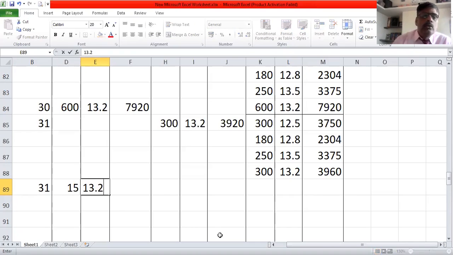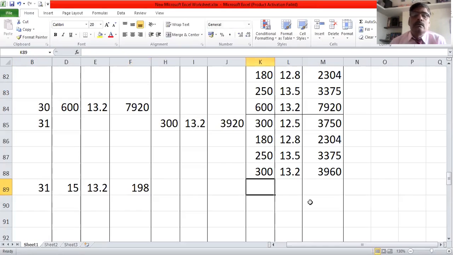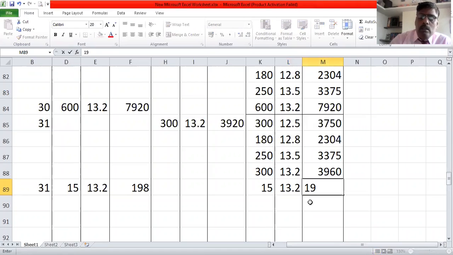At the rate of 13.20, 13.20 into 15 is equal to 198. It is to be valued at the last issue price. So 15 at the rate of 13.20, 198. This is the balance.